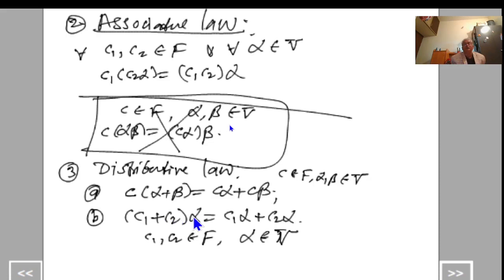But when the elements are from V, only one is defined, that is plus. So this is an element of F, into an element of V. So the left hand side is defined.